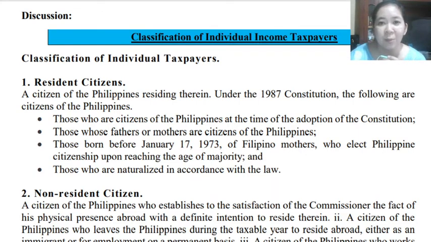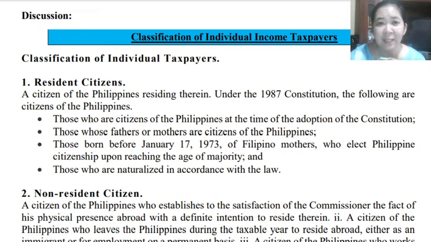Of course, first is if you are a citizen of the Philippines at the time of the adoption of the 1987 Constitution; your father or mother are citizens also of the Philippines; you are born before January 17, 1973 of Filipino mothers who elect Philippine citizenship upon reaching the age of maturity; and if you are naturalized in accordance with the law.